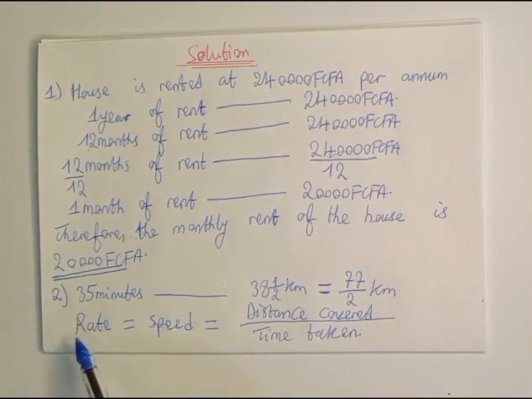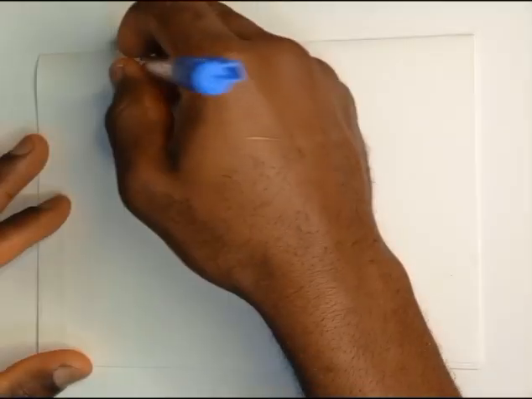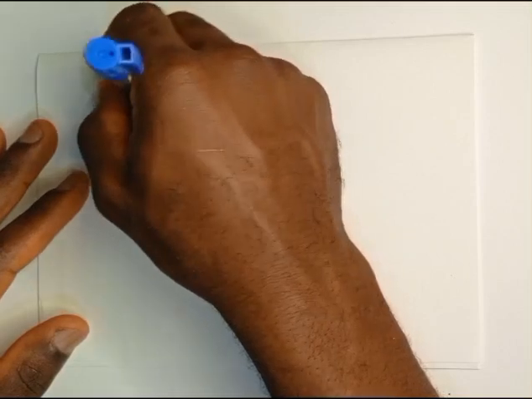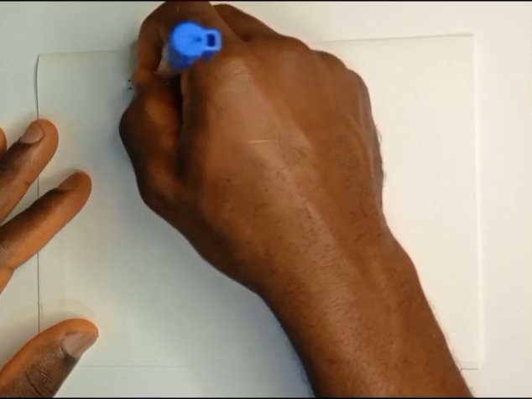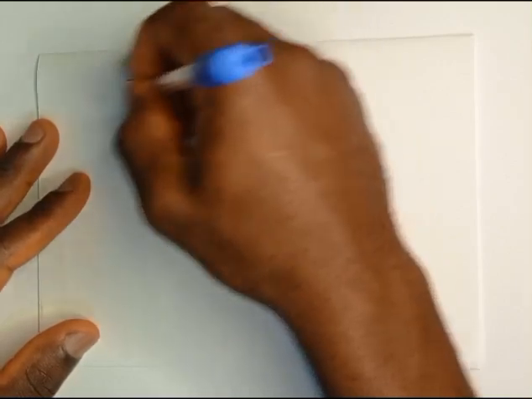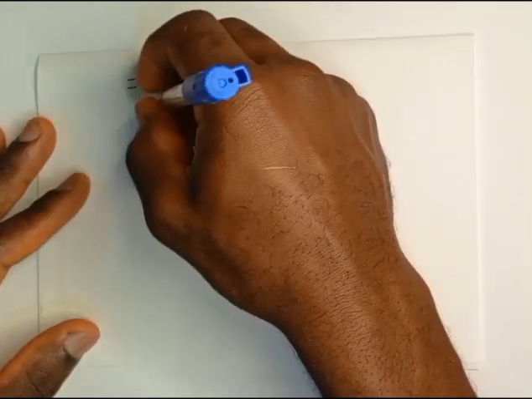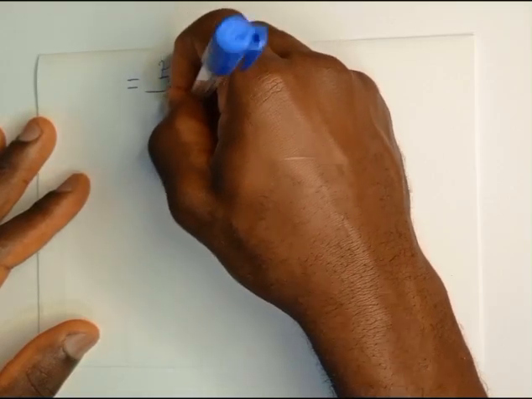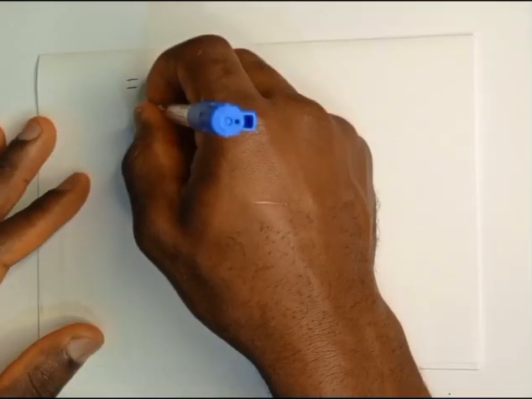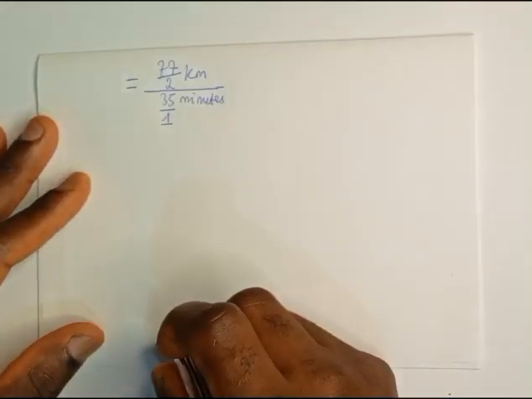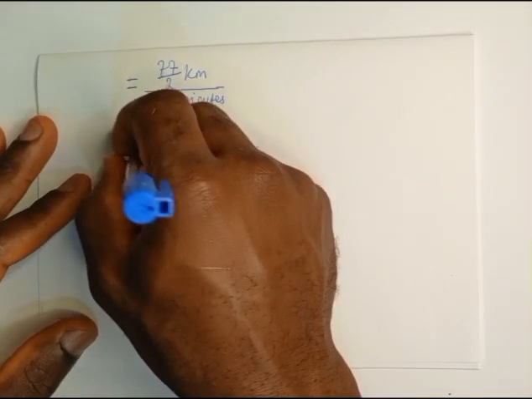In the given question, the distance covered is 77 over 2 kilometers and the time taken is 35 minutes. This will simply be equal to, we replace the distance covered with 77 all over 2 kilometers. We divide by the time taken, which is 35 minutes. 35 minutes can be written as 35 all over 1. Now we are to divide two fractions.